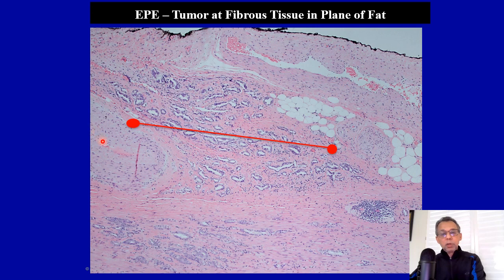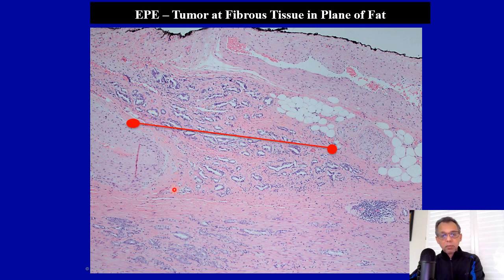In this particular situation, you can see that the tumor is going within the loose connective tissue, which is beyond the confine of the fibrous plane, and it is in the direct plane of fat. So again, in this situation, you can make a confident call for extraprostatic extension, and this is, in my opinion, somewhat the more common situation in which we see extraprostatic extension these days.